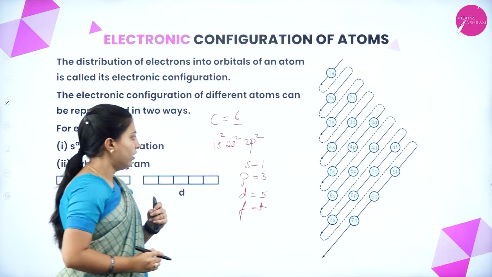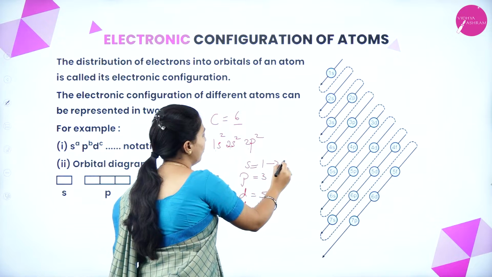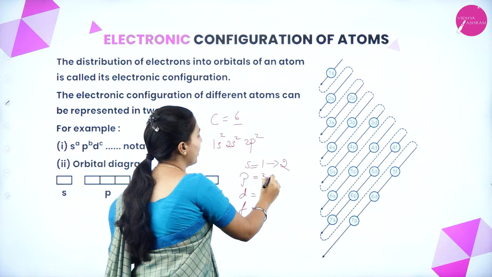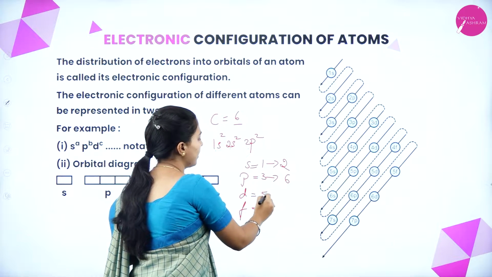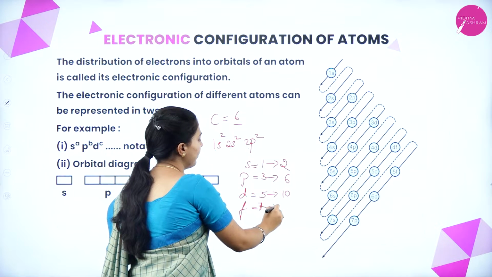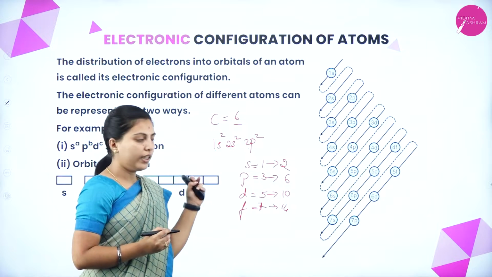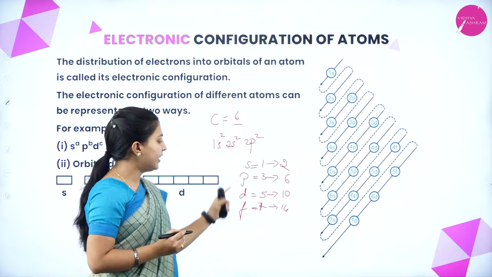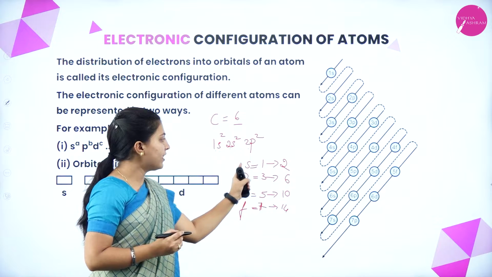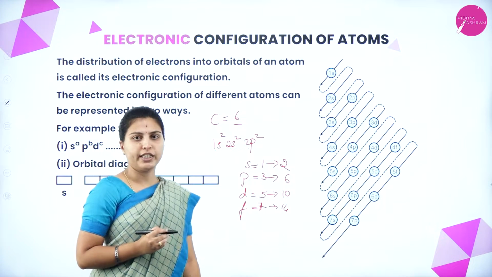Correct? 1 into 2 is 2, 3 into 2 is 6, 5 into 2 is 10, 7 into 2 is 14. The electron capacity of these subshells is 2 for S, 6 for P, 10 for D, and 14 for F.